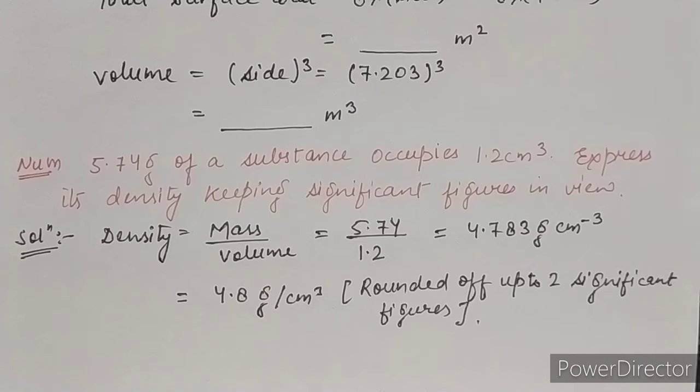Now I am giving you some questions that you have to solve, and this chapter has been completed. Okay, and you have to solve the questions, and the question for your homework is the first numerical which you have to solve.